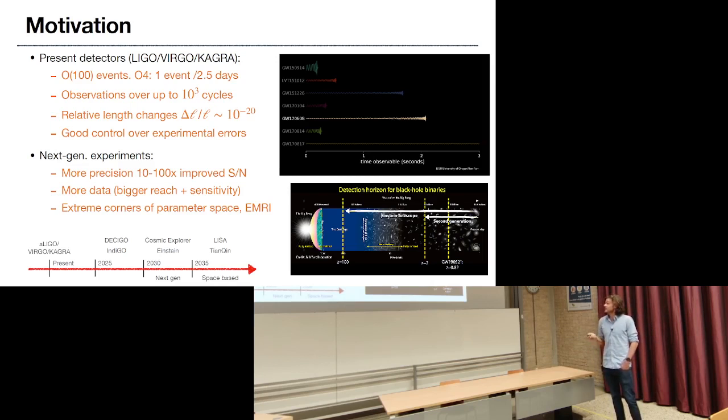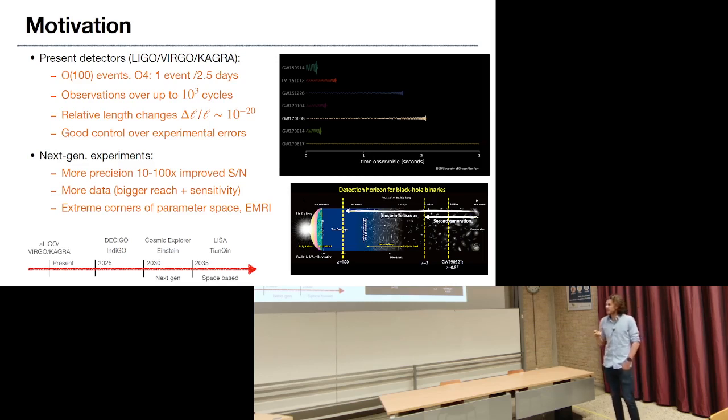These experiments are actually very impressive. They are very precise. They measure these things to about 1,000 cycles or more. The length changes are also pretty mind-boggling, and we have very good control over the experimental errors in this setup. What the line of research that I'm working on is targeted at more is the next generation of experiments, which we will see around 2035.